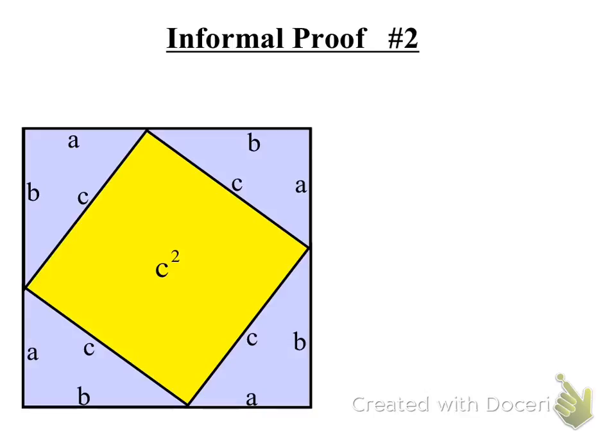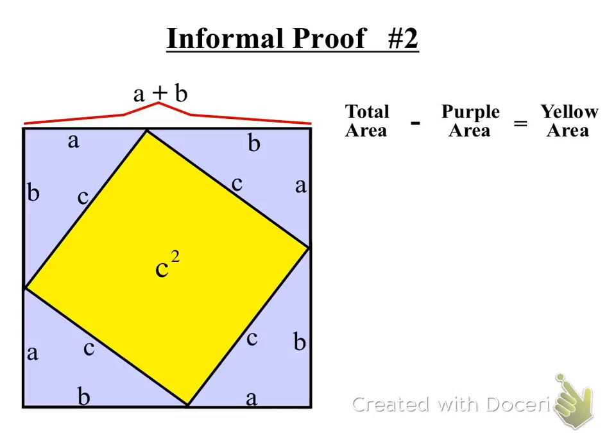Hold on one second. So, if I take the total area of the whole square, and we have the purple area, the total area, subtract out the purple area, we should get the yellow area. Am I right? Now, isn't the purple area made up of 4 triangles? And what's the formula for a triangle? Half base times height, right? Okay.